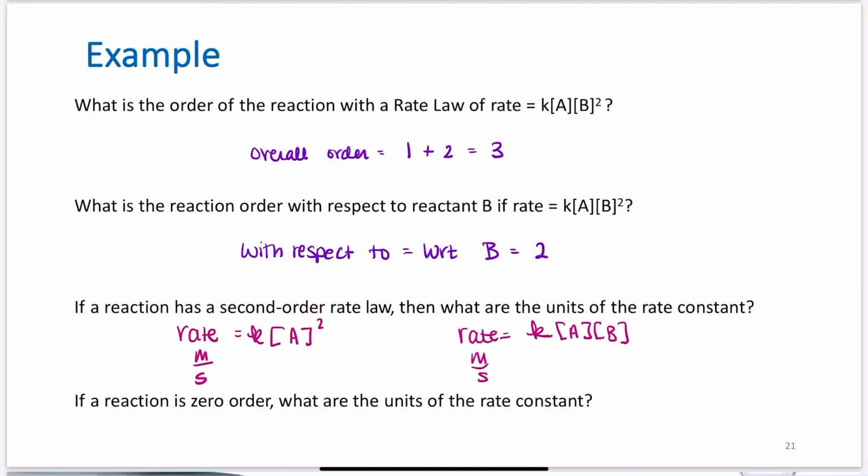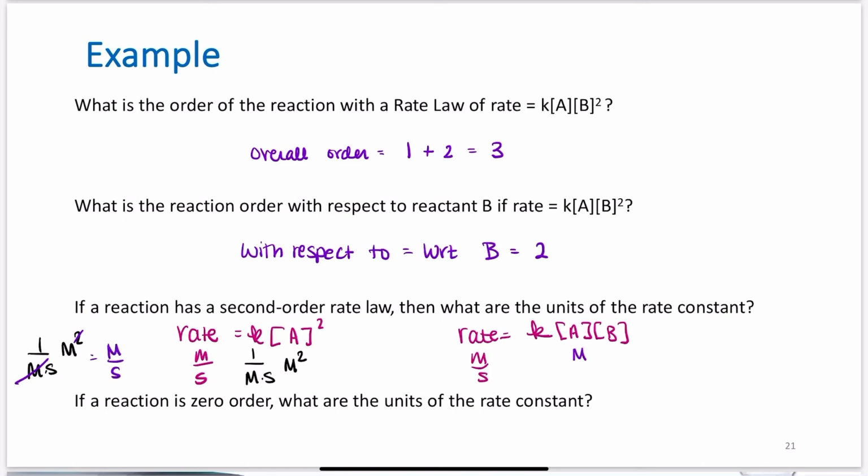If I have molarity here squared, this is equal to molar squared. I need K to do whatever it needs to do to have the correct units so that I get to molar per second. So K definitely needs to have a second in the denominator, but then I need to cancel out 1 molar. So it will be 1 divided by molar seconds, because 1 over molar second times molar squared gives me molar over seconds, which is my rate.